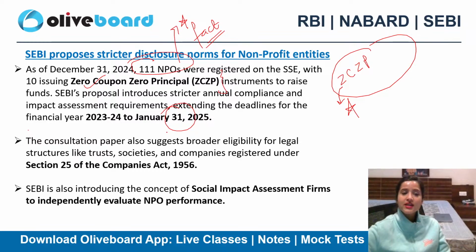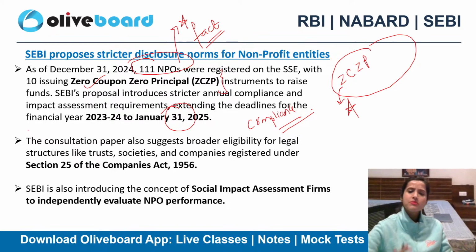So they have extended the deadline for compliance. You can fill up all the forms or the important documents and compliance related issues. You can comply with the guidelines by 31st January.